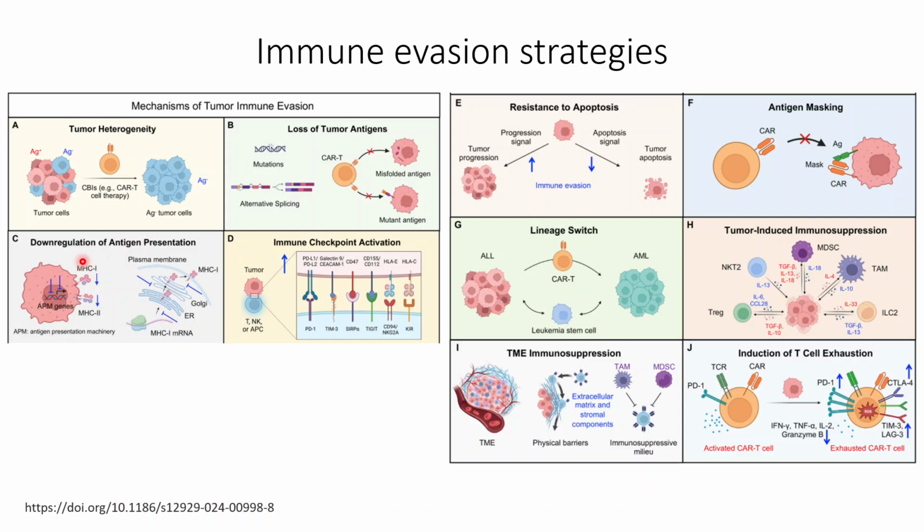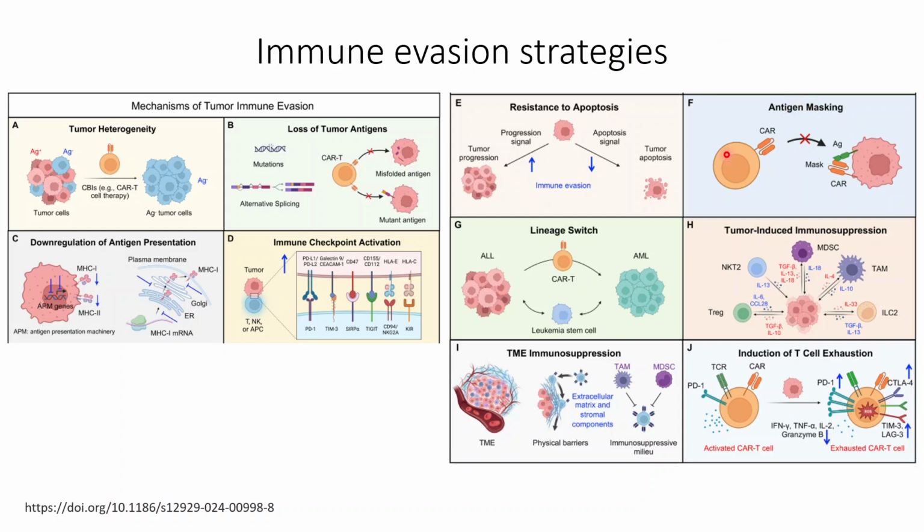It can downregulate antigen presentation and hide from the immune system by reducing the number of major histocompatibility molecules that are important for antigen presentation. It can exhaust immune cells, it can regulate them, it can inhibit them using checkpoint activation. It's resistant to apoptosis, so it doesn't die properly.